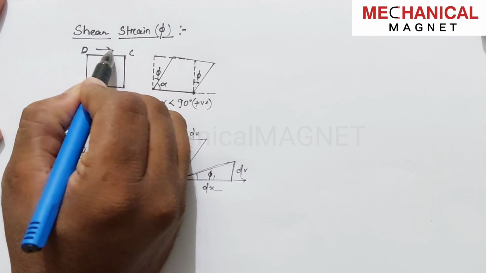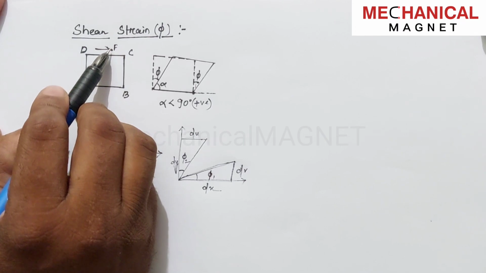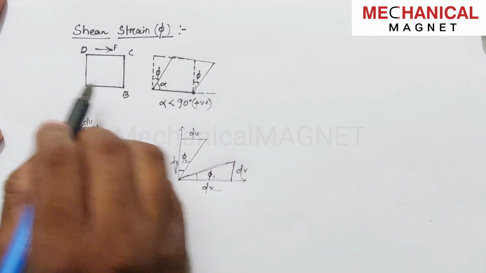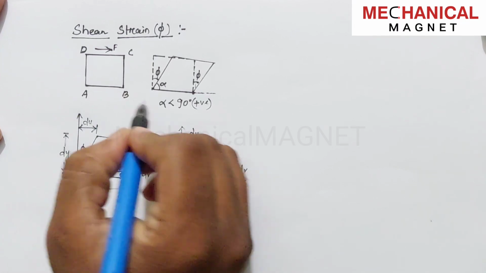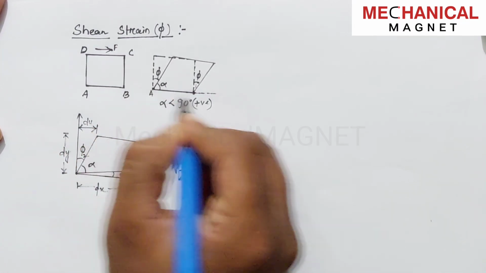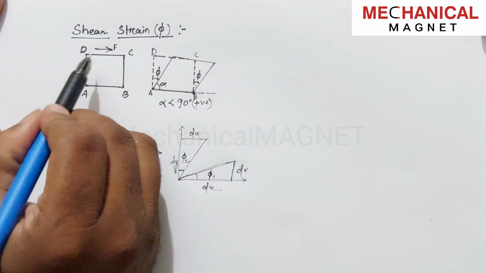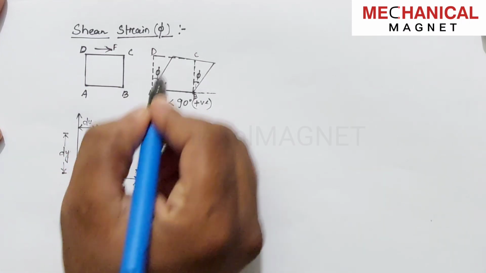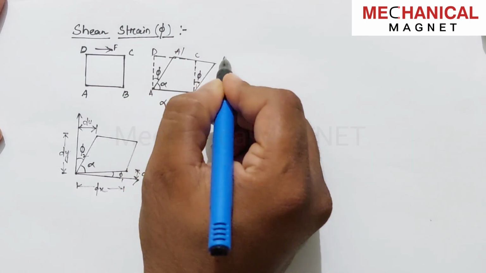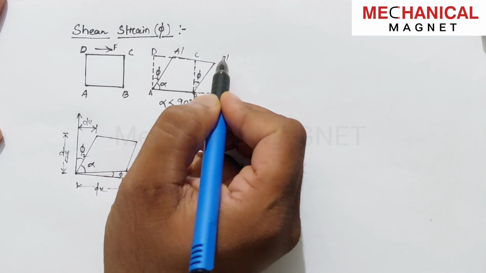A parallel force F is applied here. After application of this parallel force, the body changes its orientation. Before, ABCD was like this, and after the shear force F the orientation is changed, meaning A to A dash and B to B dash. So now the body is A B B dash A dash.